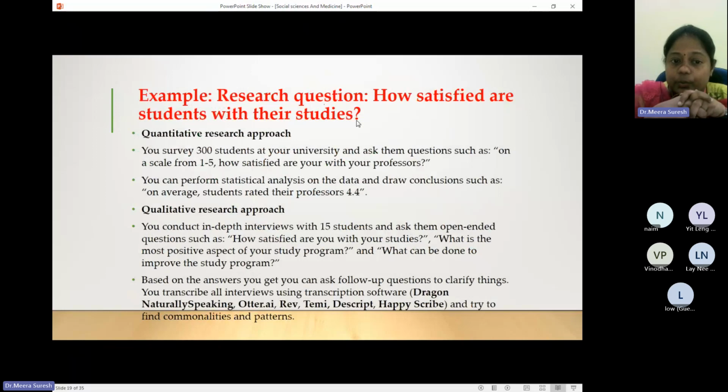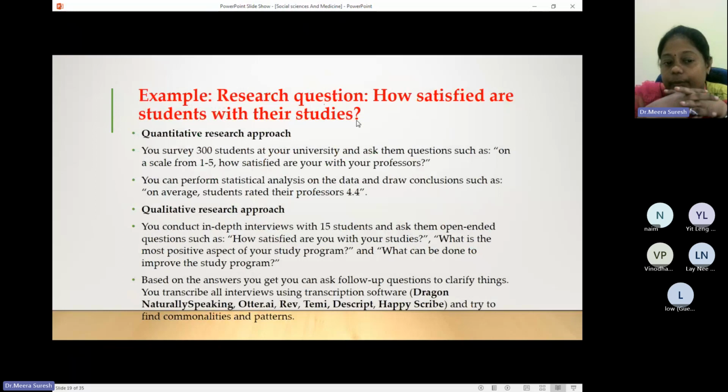If it is a quantitative research approach, you survey 300 students at your university and ask them questions such as, on a scale from 1 to 5, how satisfied are you with your professors? Then you perform a statistical analysis on the data and draw conclusions such as, on average, students rated their professors 4.4. So that is how you deal with it in a quantitative approach.